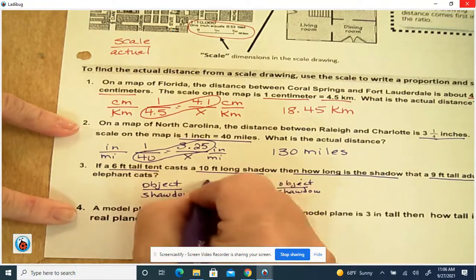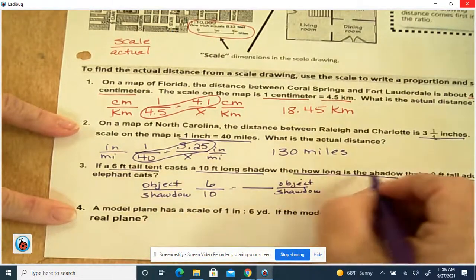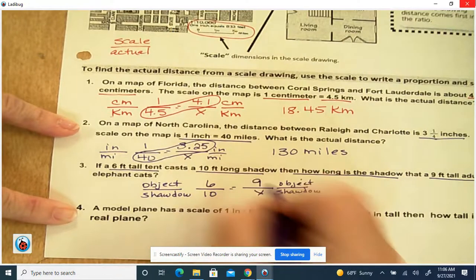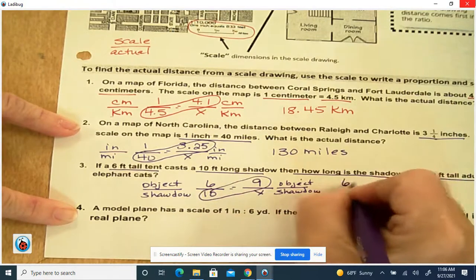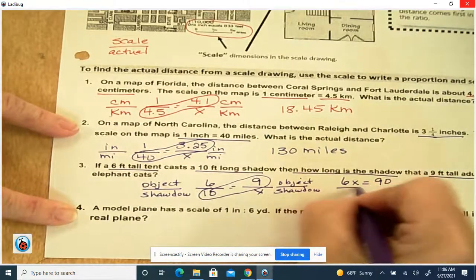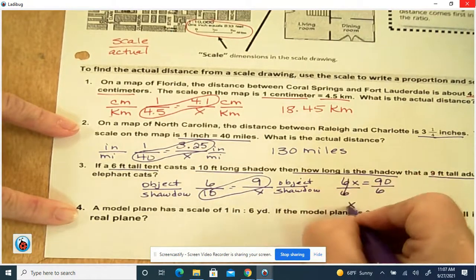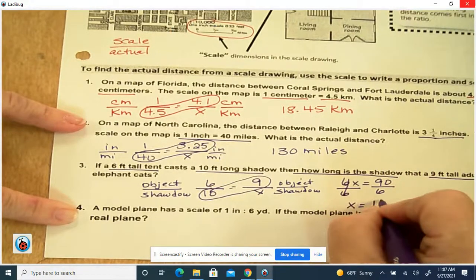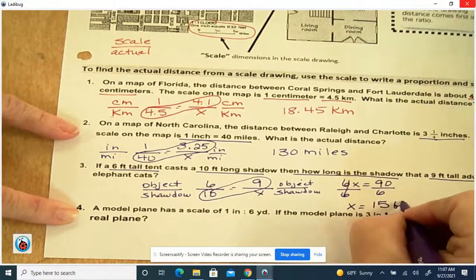So we've got a 6-foot tall tent casting a 10-foot shadow. How long is the shadow of a 9-foot tall adult elephant? So we multiply those, and then we have 6x equals 90. In a one-step equation, we want the variable by itself, so we divide by 6. Then x is equal to 90 divided by 6, which is 15. And that would be feet.